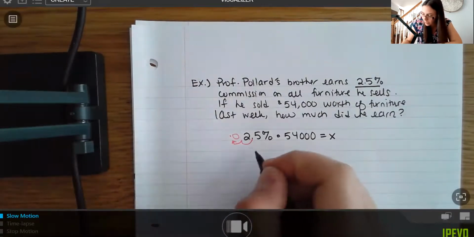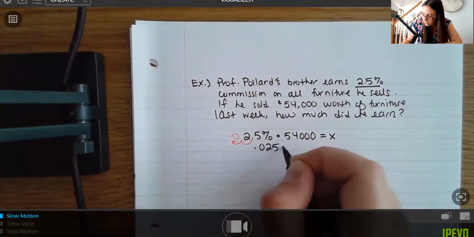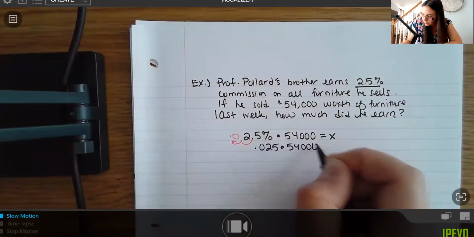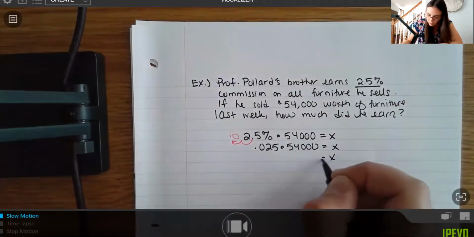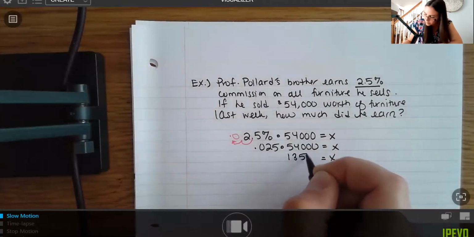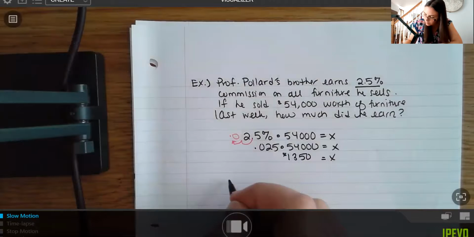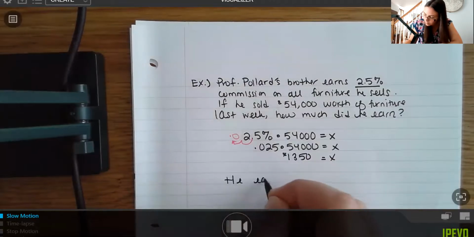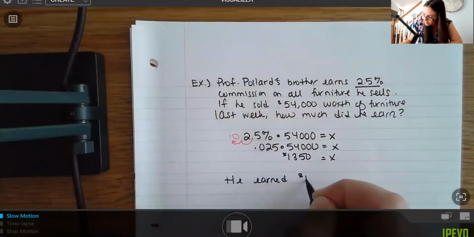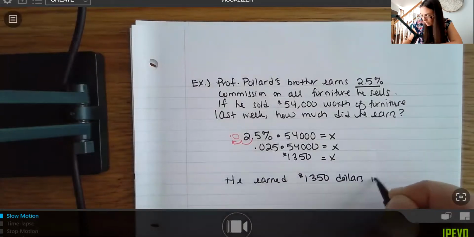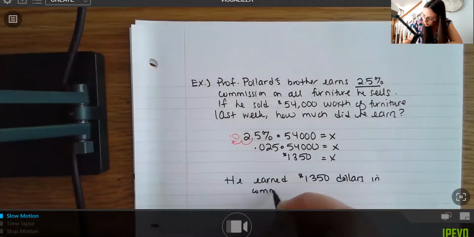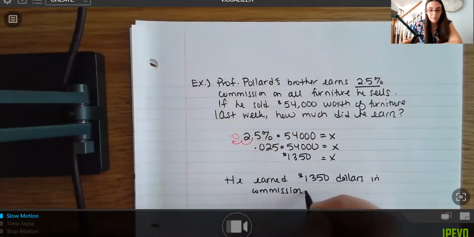So I'm actually looking at 0.025 times 54,000. And I'm definitely going to use my calculator here. And I see that he earned $1,350 in commission.